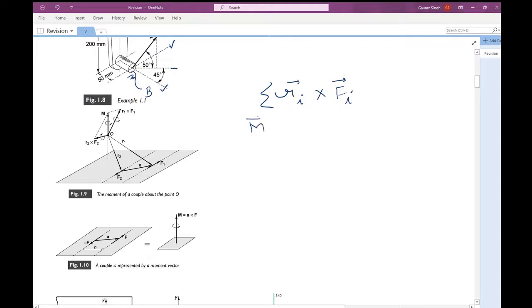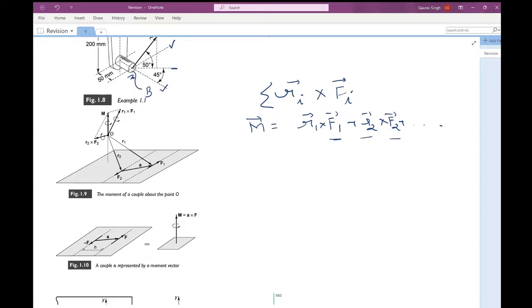In short, you can write the moment of all the forces about the same fixed point O as R1 cross F1 plus R2 cross F2 and so on, where R1 is the position vector of the point where the force F1 is acting with respect to O, R2 is the position vector of the point at which the force F2 is acting with respect to O, and so on. You can do it for as many forces as are available.